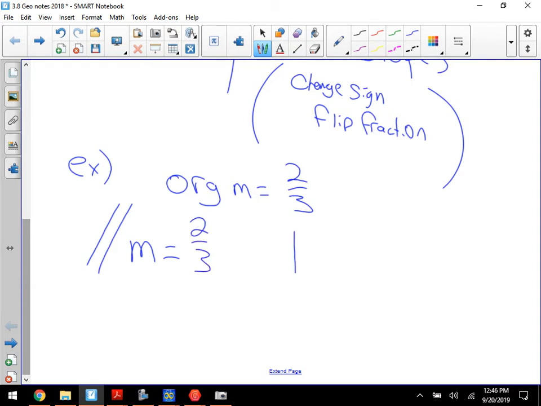What would be perpendicular to 2/3? 3/2, but what do you have to do to it? Change the sign, flip the fraction. Negative 3/2, yeah. That's what opposite reciprocal means. Change the sign, flip the fraction. Okay?